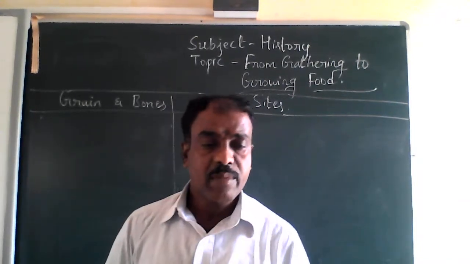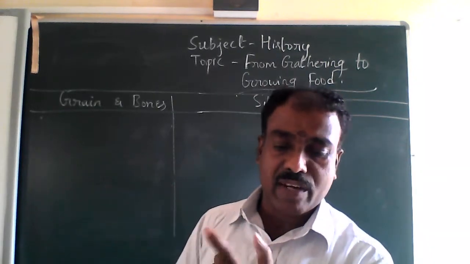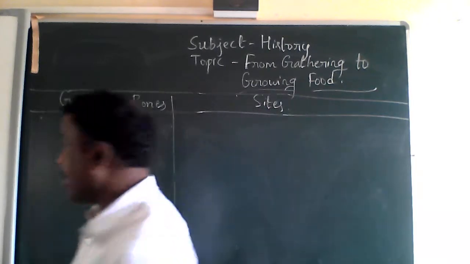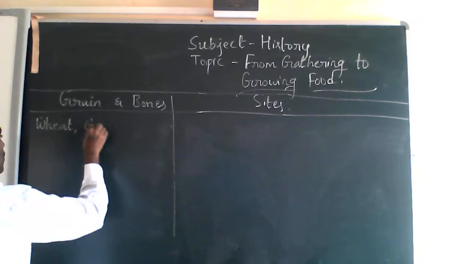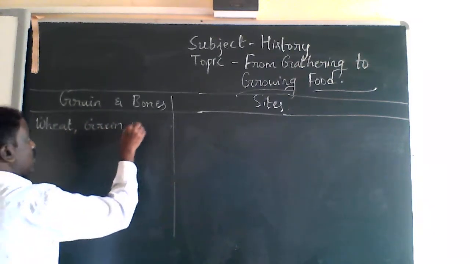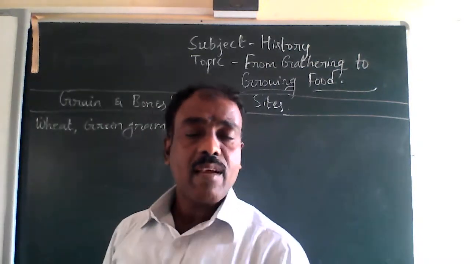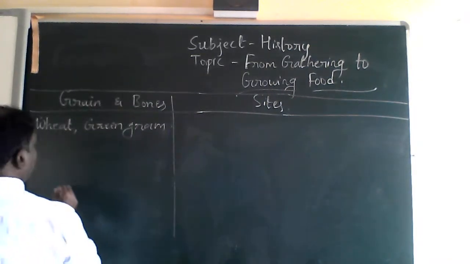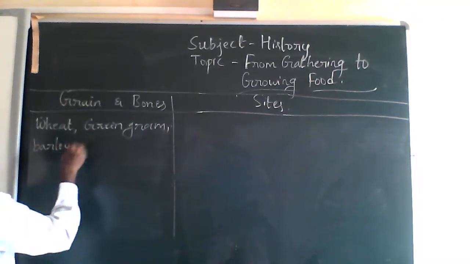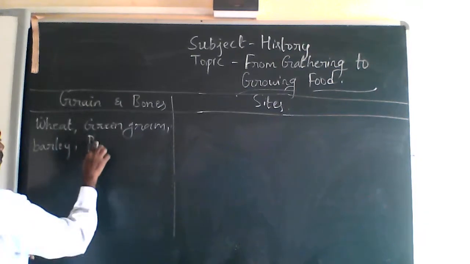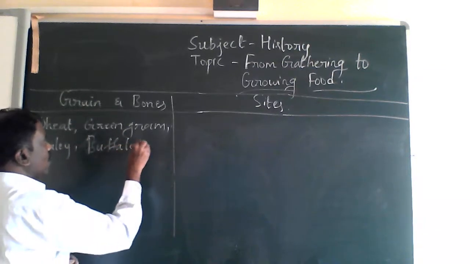The next one: wheat and green gram. This is very special, which we cannot find at other sites. Wheat, green gram and barley, buffalo and ox.